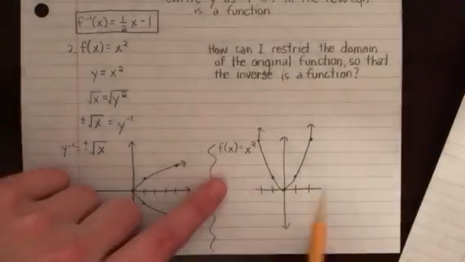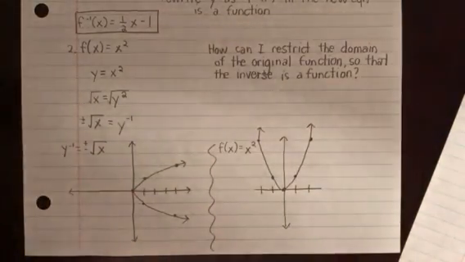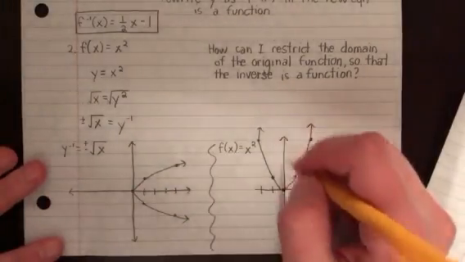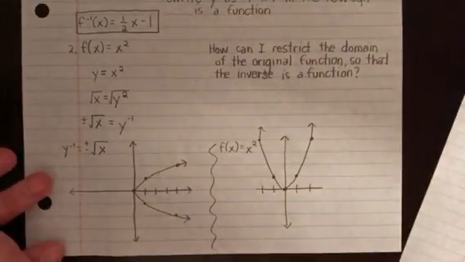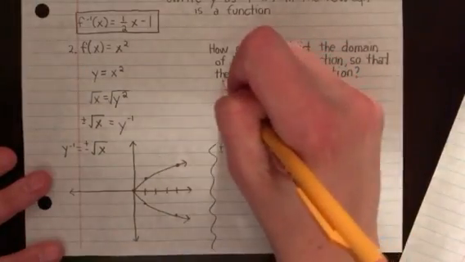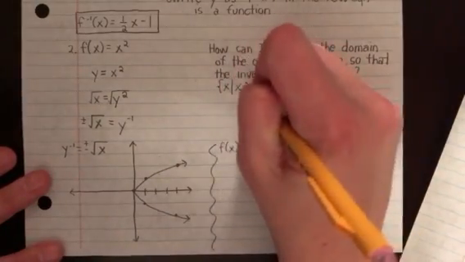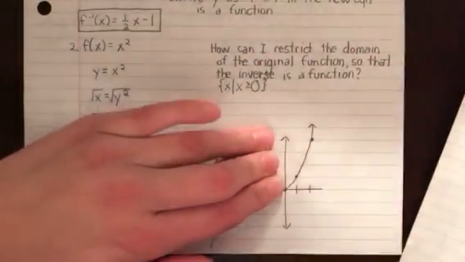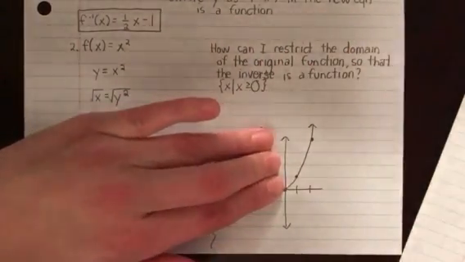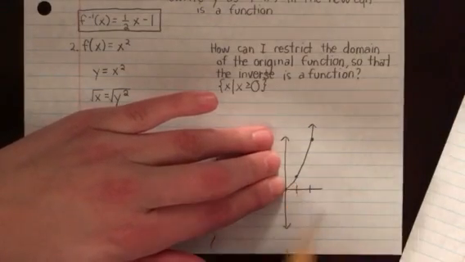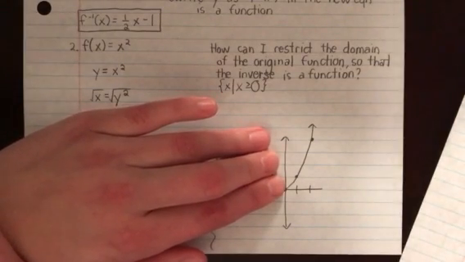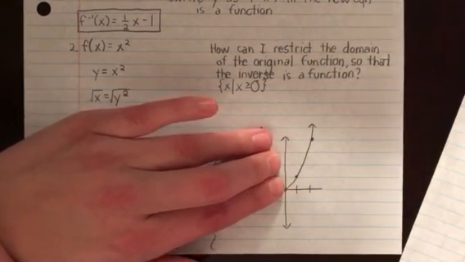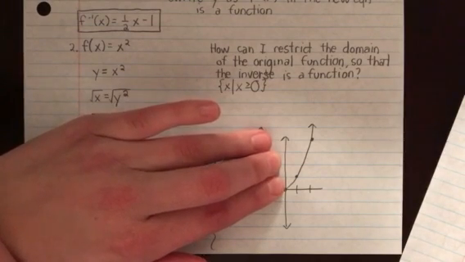So if I restricted the domain of this graph, say, to only be the right half of the graph, x such that x is everything greater than or equal to 0, if I said, let's forget about this left half and only think about the right half, would that create an inverse that is a function?